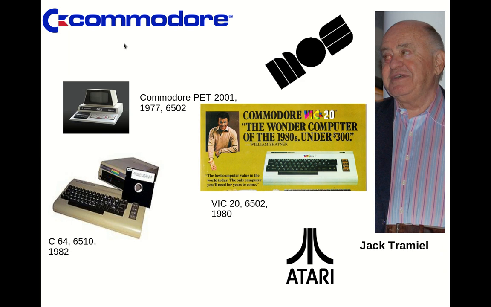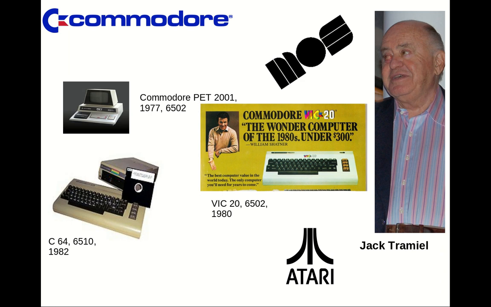Different from the previous two groups, here is now one person who is one of the forgotten heroes of the microprocessor revolution. His name is Jack Tramiel. He was the founder of Commodore. He was an entrepreneur who was located originally in New York.